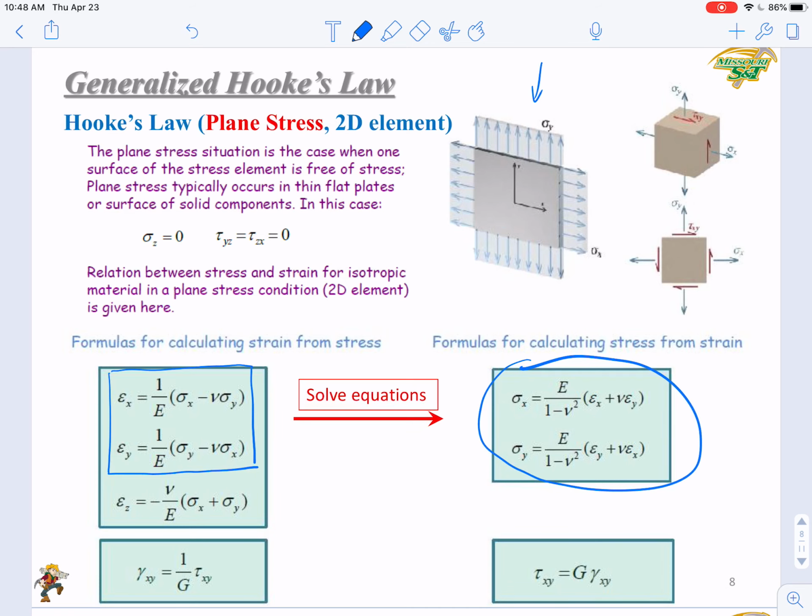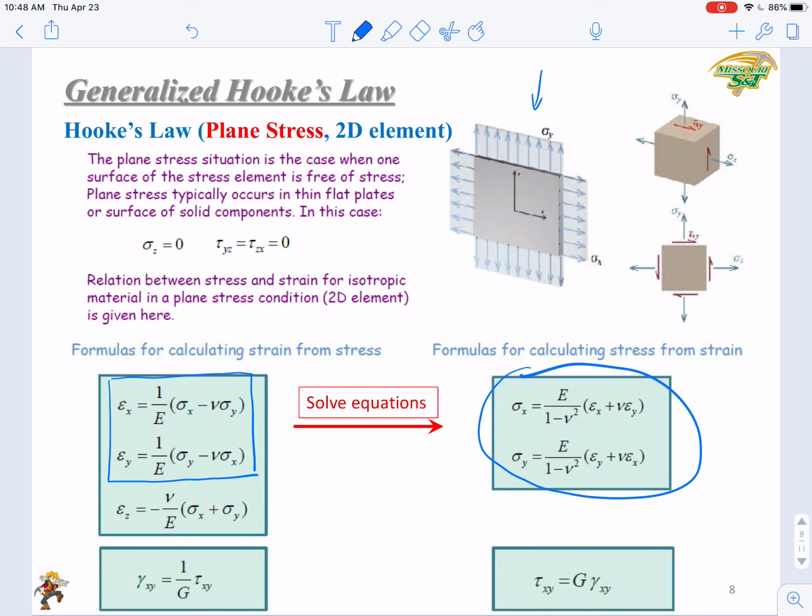So why do we still have the third equation here? This is just because of the Poisson ratio. Although you do not have any normal stress along z direction, because of the deformations along x and y direction, you will still have strains. You will have deformations along z direction. This comes from the third equation in the generalized Hooke's law, where you just remove the sigma z term, so you get a shorter version.